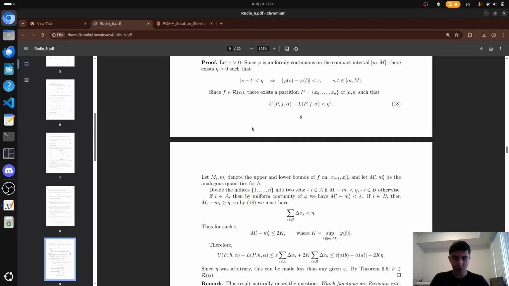Since f is in R alpha, there exists a partition P, x naught to xn, of AB such that UPF alpha minus LPF alpha is less than eta squared. Because we can let this go to any value, right? For any epsilon. So we can also let it go to eta squared.